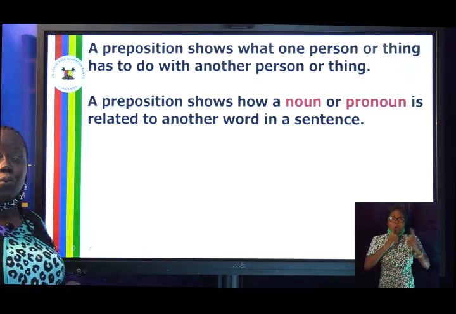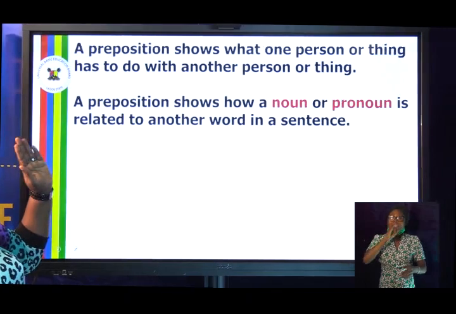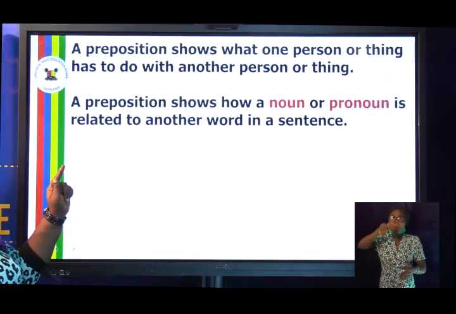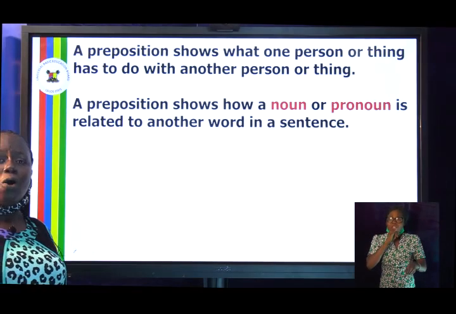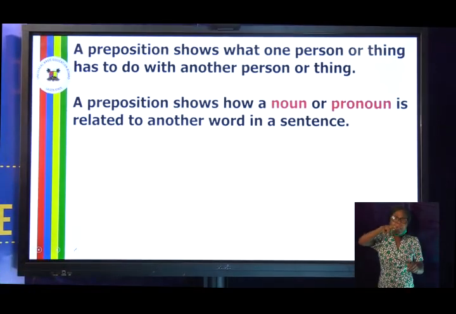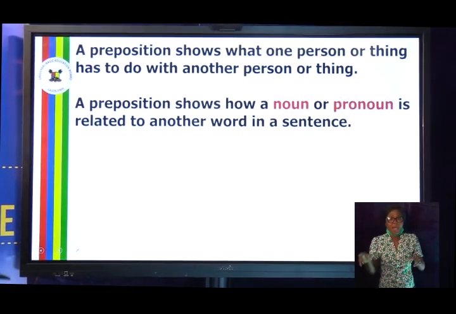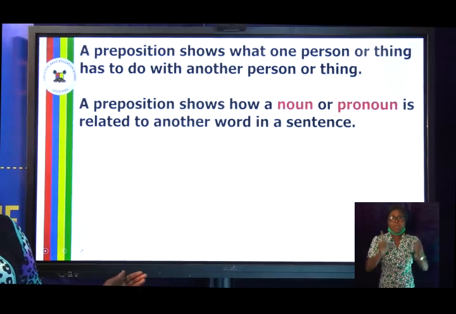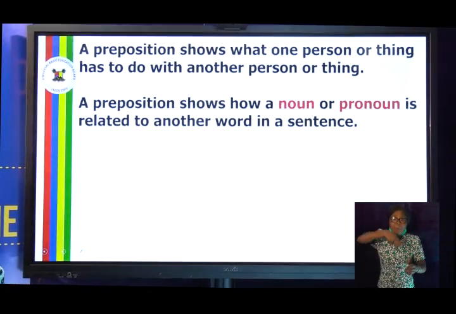Now, talking about what a preposition is. A preposition shows what one person or thing has to do with another person or thing. Let me take it again. A preposition shows what one person or thing has to do with another person or thing. What is a preposition again?